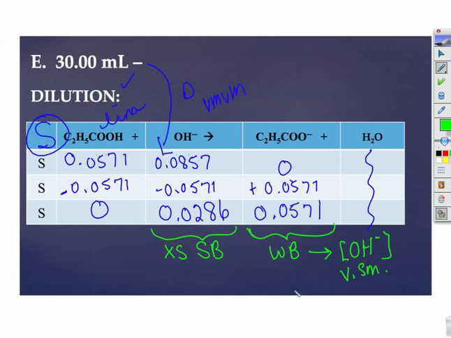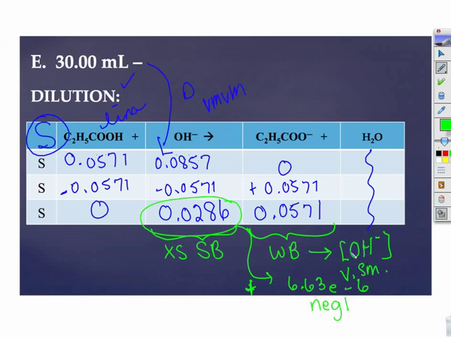In fact, when I calculated it, if that's all that was present was just this weak base, it would contribute a hydroxide of 6.63 times 10 to the minus 6. When we compare it to this, even if we added that straight, this is negligible.